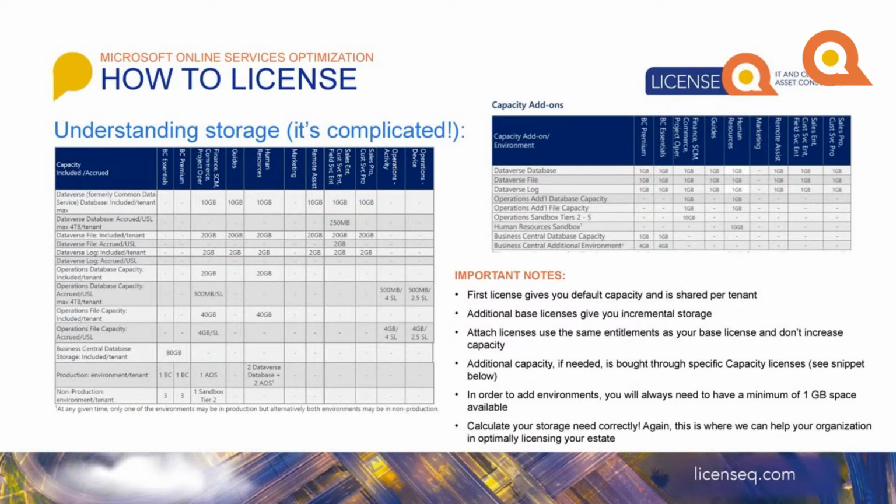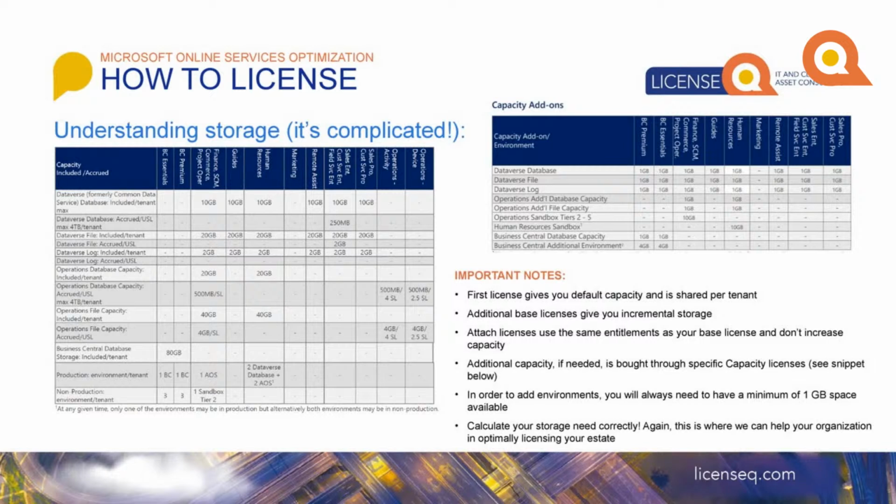Similar with Dataverse file storage, 20 gigabyte minimum and 2 gigabytes per base license that you buy. And for log storage, you would get 2 gigabytes as a base for these licenses. So you can see here what the starting point is for any of the applications that you're buying, and then you would see all the different options.